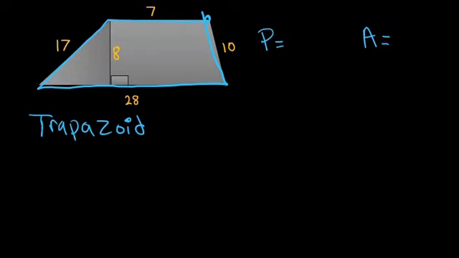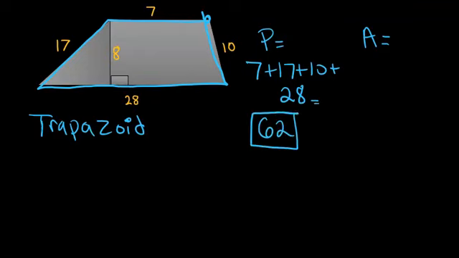So what does that give us? It gave us a 7, a 17, a 10, and what is that, a 28? It gave us a 28, right? And altogether, that gives us a 62, right? So it's 62 inches or feet all the way around this park.